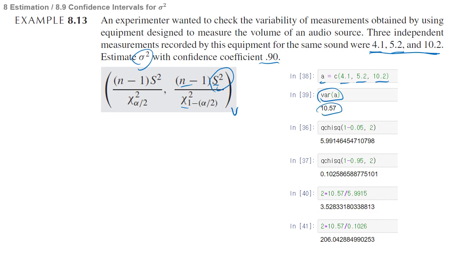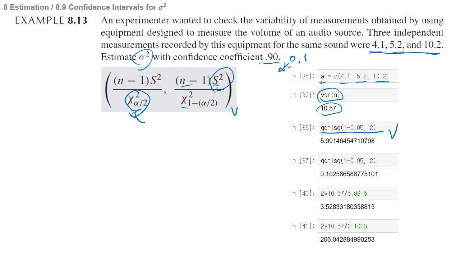Also, to calculate the chi-square of alpha over 2, here alpha is 0.1, and so alpha over 2 is 0.05. To calculate this term, we can use qchisq of 1 minus 0.05, with degrees of freedom n minus 1, so 3 minus 1 is 2.